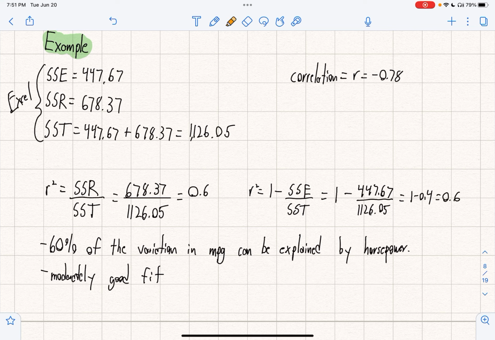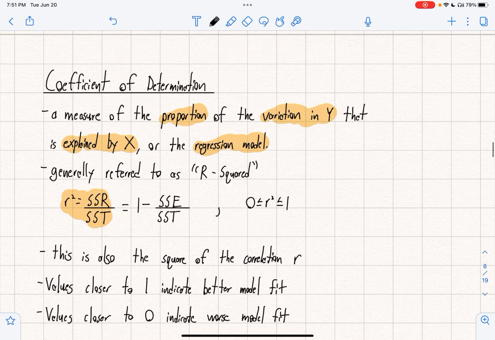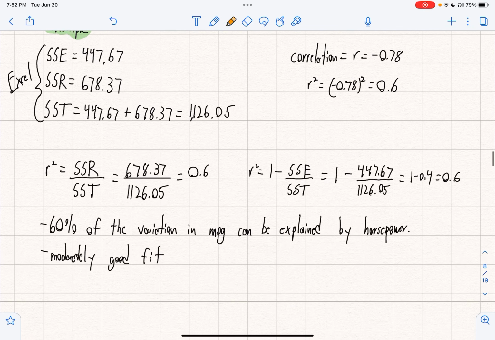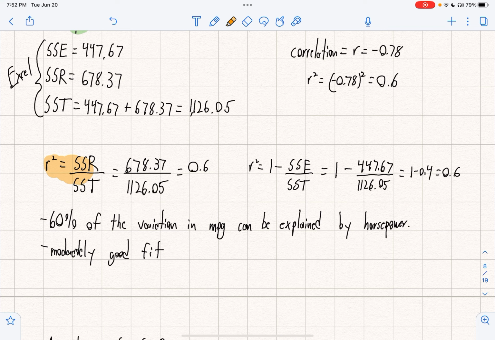And then finally, our third method, which is just taking the square of our correlation. If you remember, our correlation was negative 0.78. If you square that, you always get a positive value, and in this case, it would also give you 0.6. So that's the coefficient of determination, the proportion of the variation in y that is explained by x, and we will typically use this first formula here.